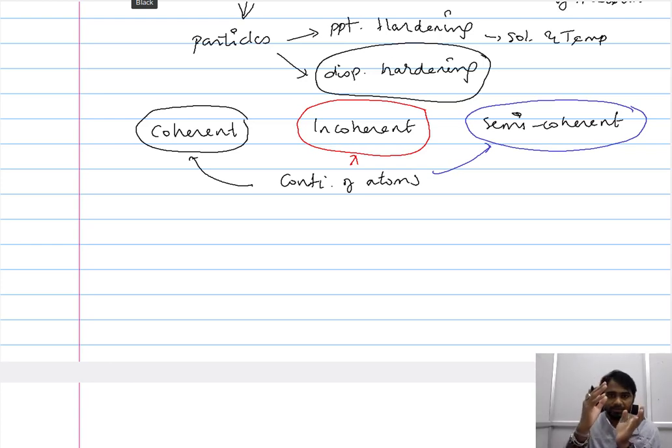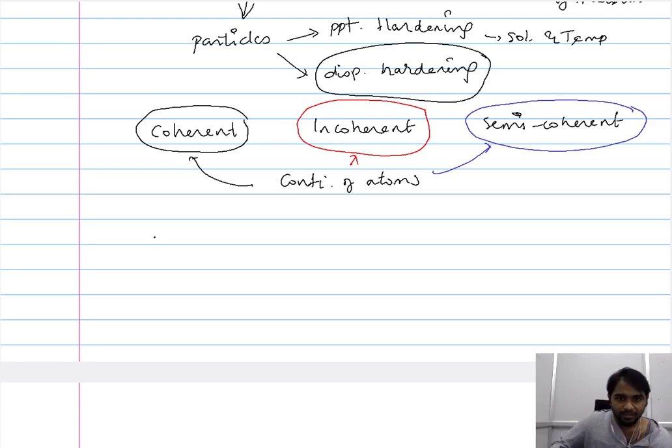When I say interatomic, it means the distance between the atoms, wherein the atoms are associated with a specific plane. So these terms can be used synonymously, provided you are considering the atoms in a specific plane. So you can quantify coherent, incoherent, and semi-coherent by calculating the interplanar distance or interatomic distance.